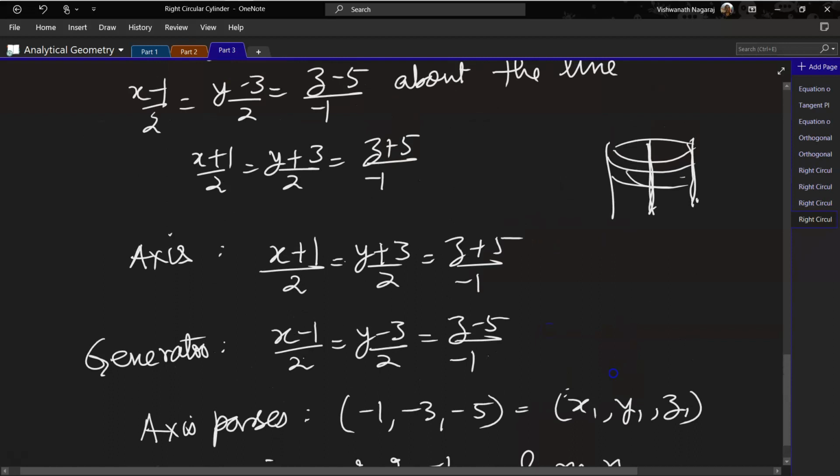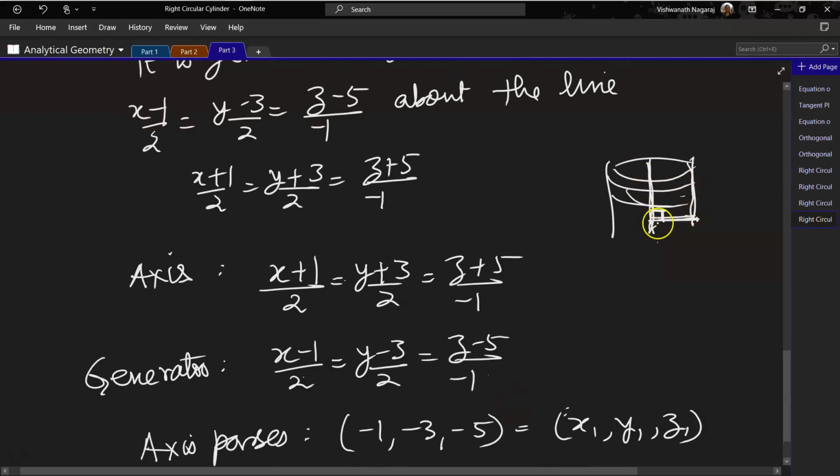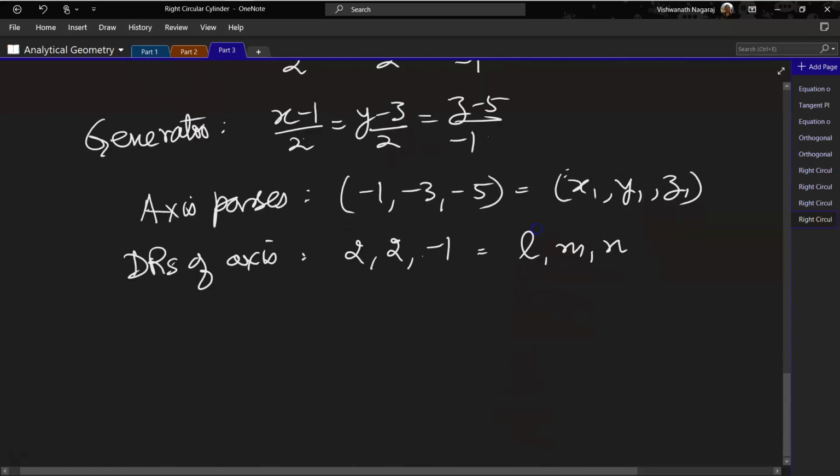Here this is the radius, right? We require the radius to figure out the equation. This is nothing but the perpendicular distance between this line and this line, isn't it? So this is like the foot of the perpendicular.